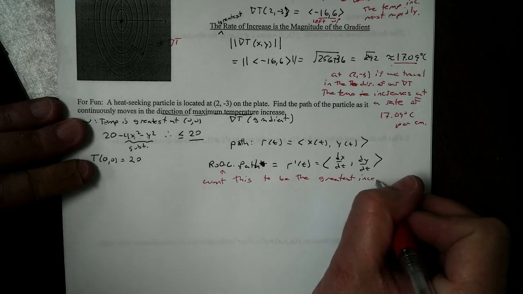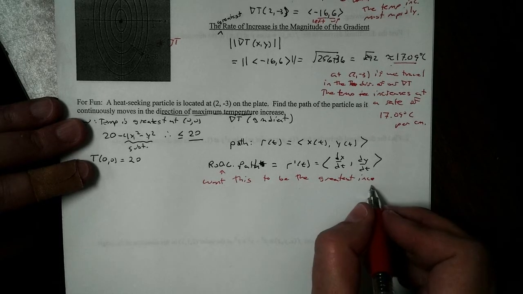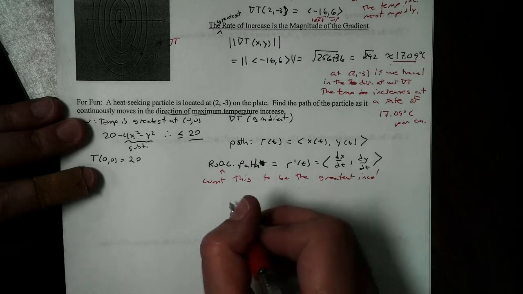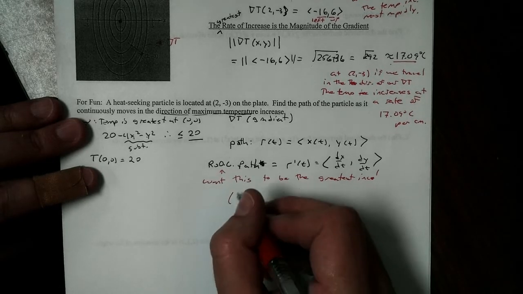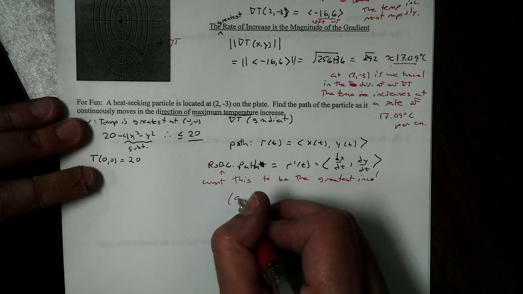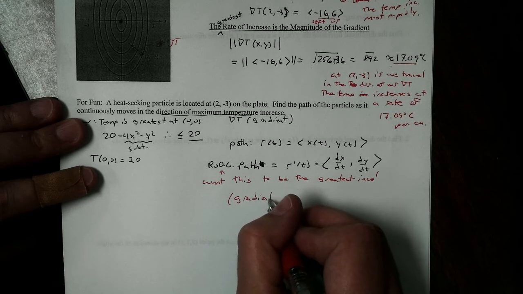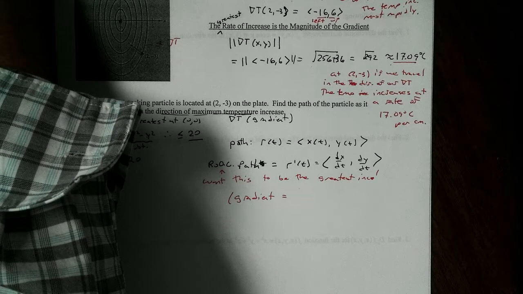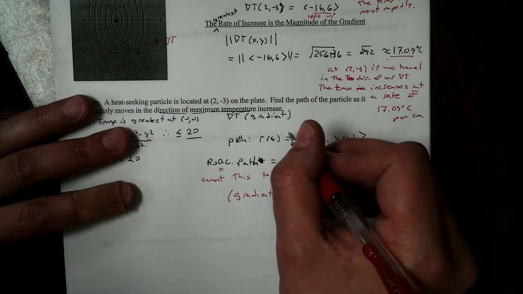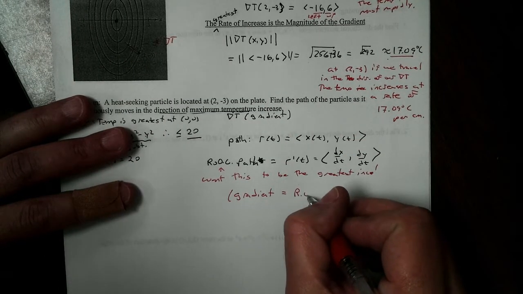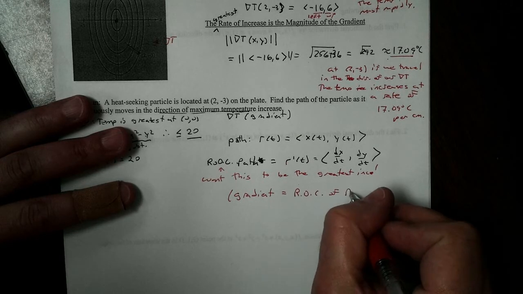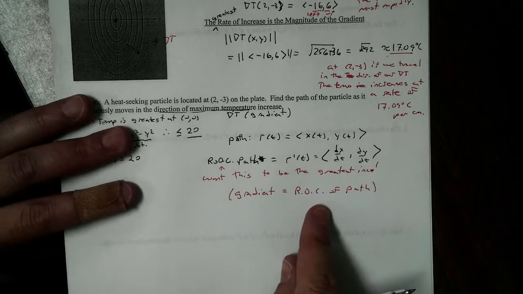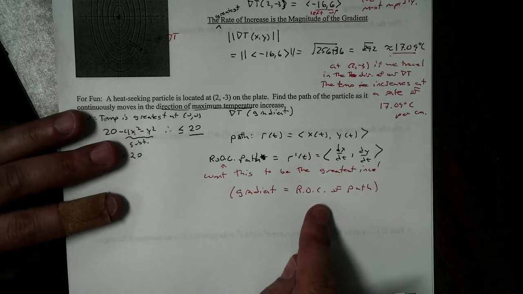We want this to be the greatest increase possible. So in other words, we want this, our rate of change, to equal the gradient. And so we want the gradient to equal this rate of change. So if we can get the gradient equal to the rate of change of the path, we got this.